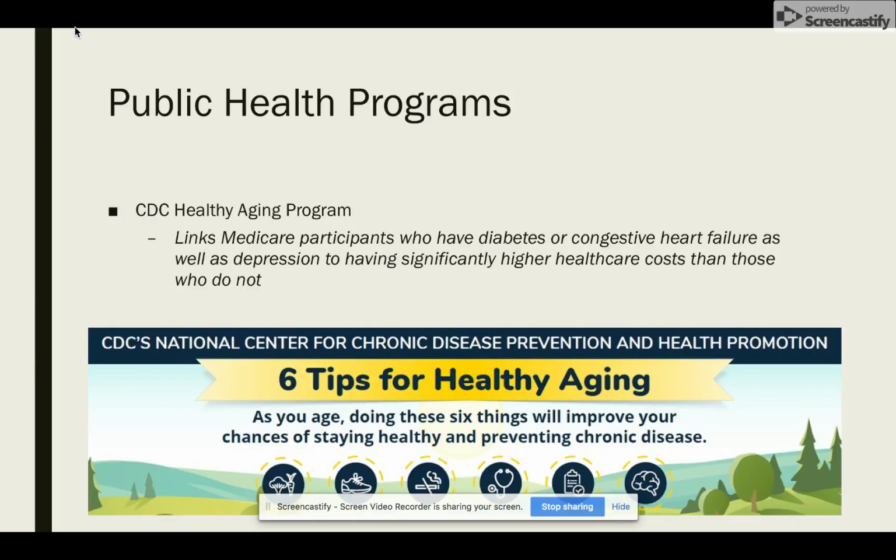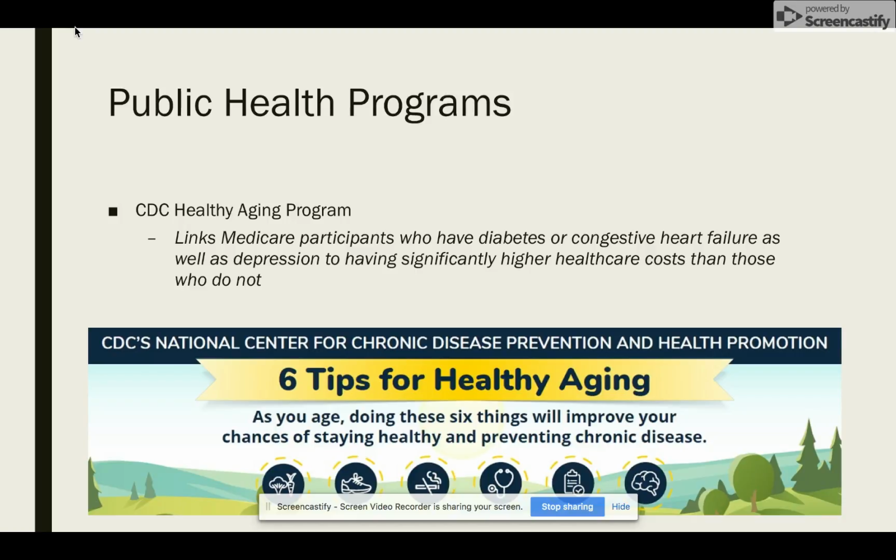The next one that I looked at was the CDC Healthy Aging Program. This looks at integrating mental health and public health together, because this idea of depression causing diabetes was really intriguing to me. It links medical participants who have diabetes or congestive heart failure as well as depression.